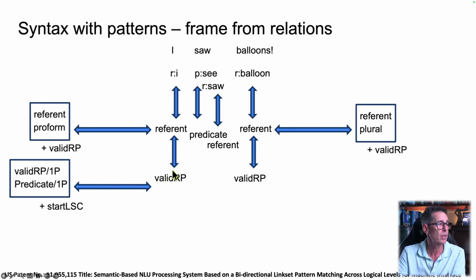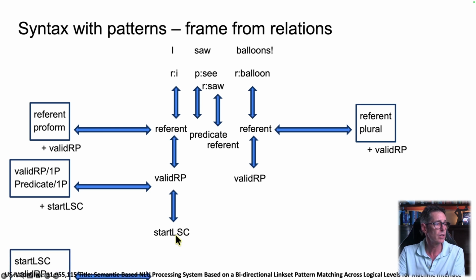So we've got valid RP, that's okay, and it's first person because that's going to be associated with this I referent. And then the next one we see is this one, the predicate, which is also first person. And we've got a referent here, which doesn't match because we're looking for a predicate. So we're going to now match our I with P:(C) because of this phrase, and we're going to store it as the start of LSC so that we're now starting to track this sentence.